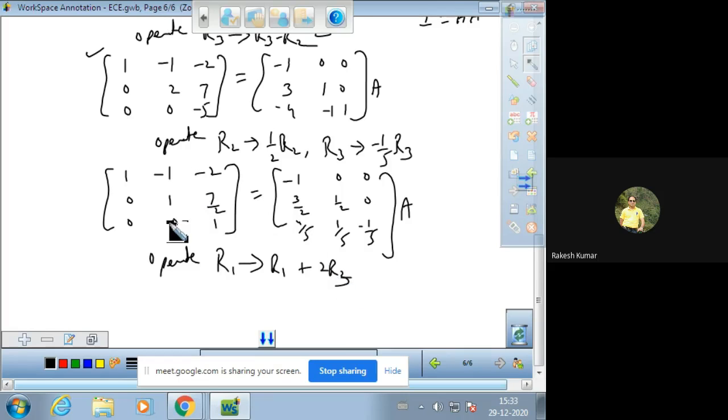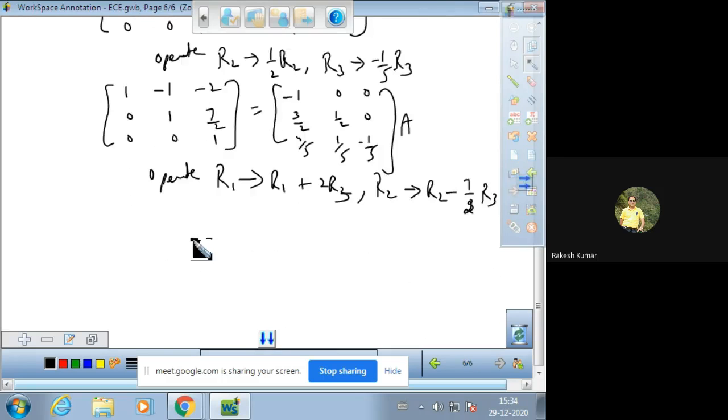For making this as 0, we are taking R3 as a pivot row in this step. So R2 will be applied as R2 minus 7 by 2 R3.